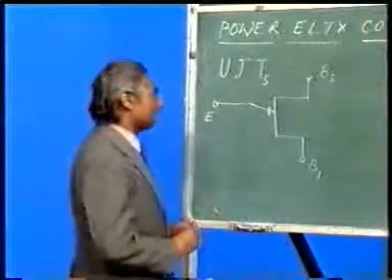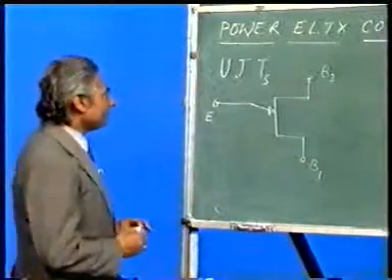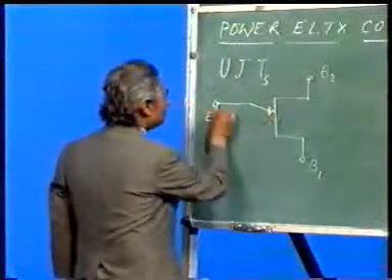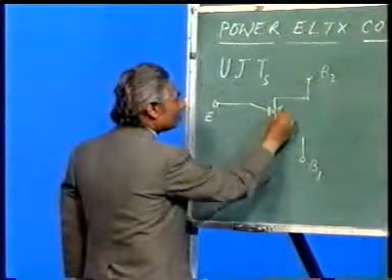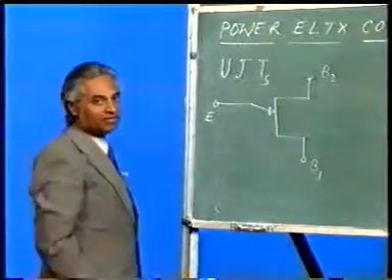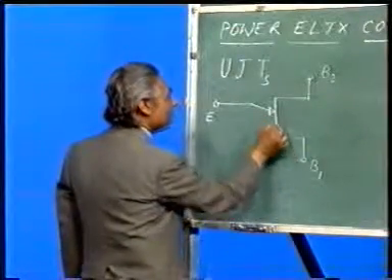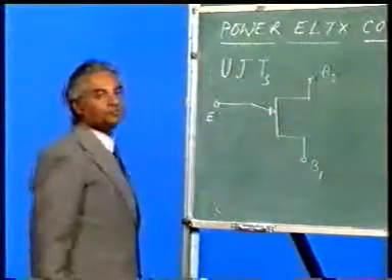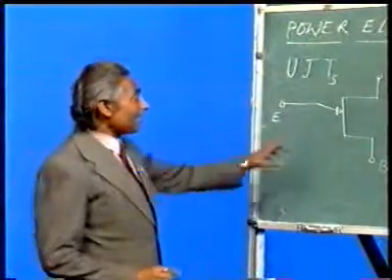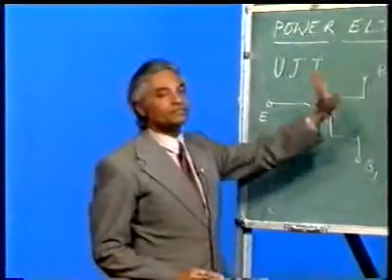It has a significance, I will explain it. You see that this terminal, which is the emitter, is nearer to B2 with respect to B1. If I compare this distance, emitter to base 1 is more than emitter to base 2. That is why I have put this as base 1 and this as base 2.